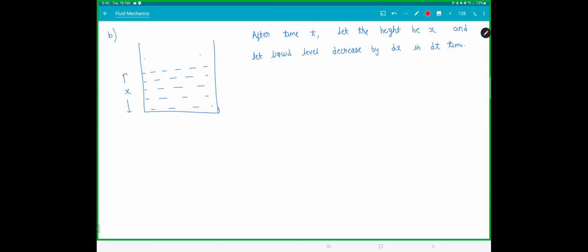So we are assuming this small amount of liquid decreases by dx. In this process, the liquid goes out with velocity root 2gx. Is that making sense, everyone?